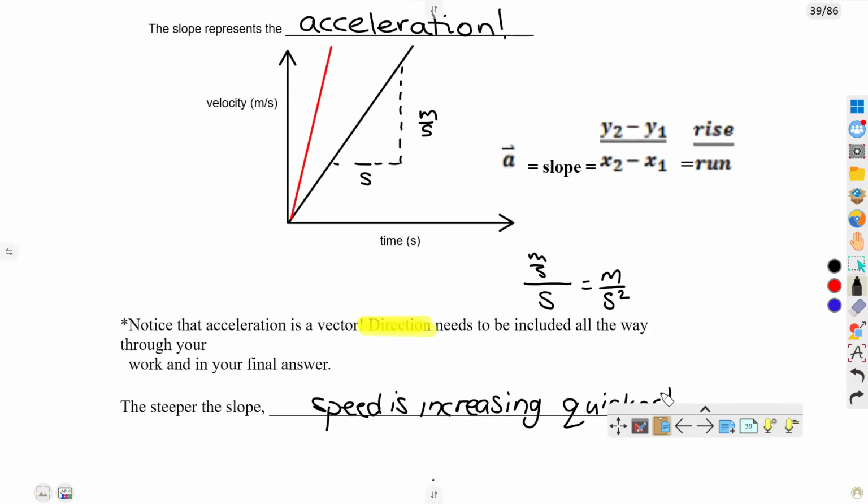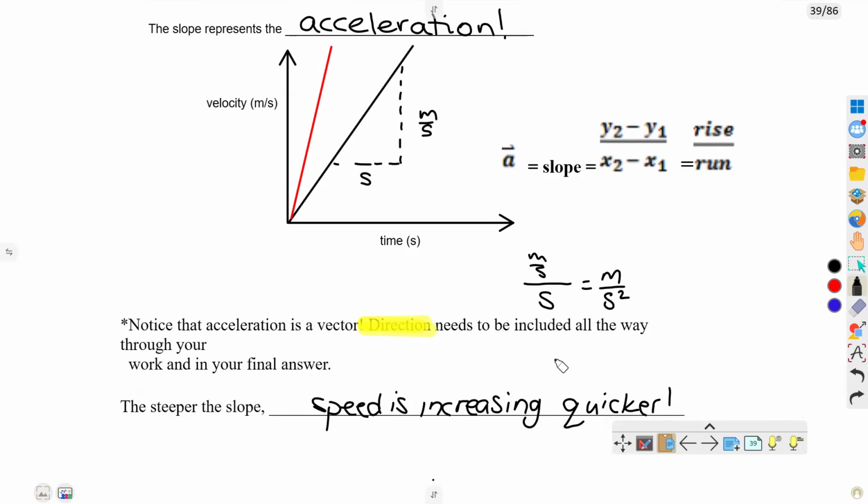Now, the slope of a velocity time graph is going to represent acceleration. Again, because acceleration is a vector quantity, we need to include the direction all the way throughout our work.